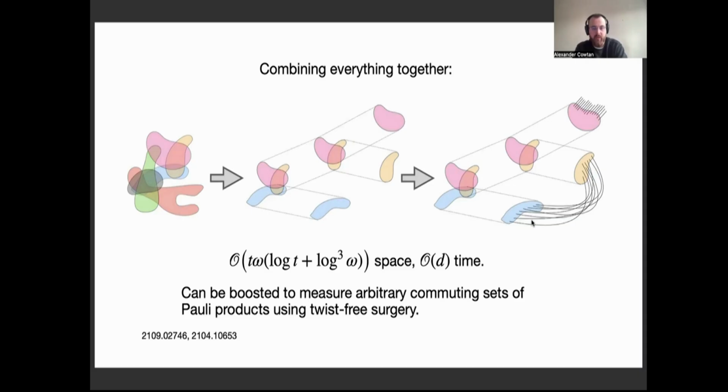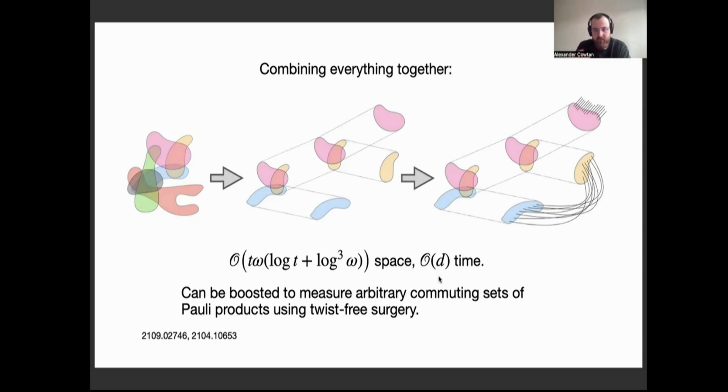And in total, you can work out that this gives me the scaling that I've given here, which up to polylog factors is linear in both the number of logical qubits I want to measure and the weights of the representatives for these logical Paulis, and is all done in O of D time, so the same as traditional lattice surgery.